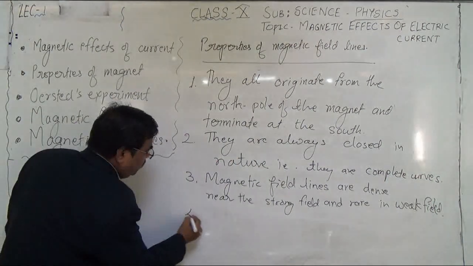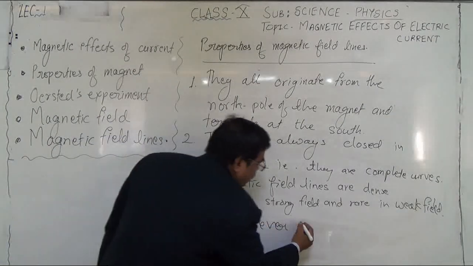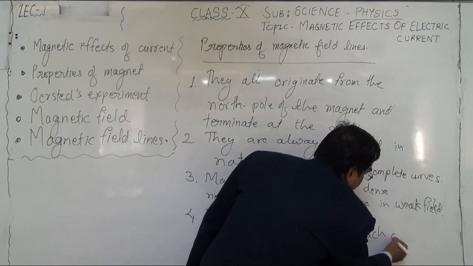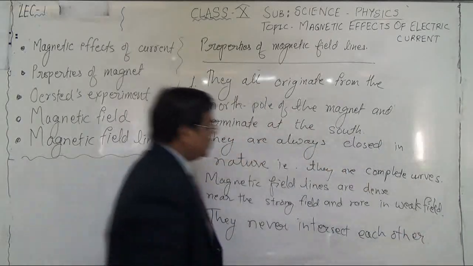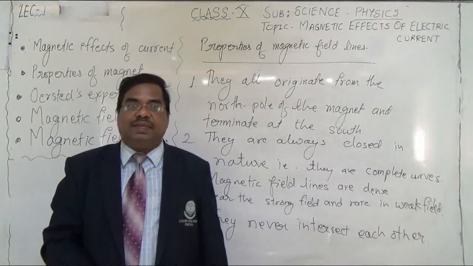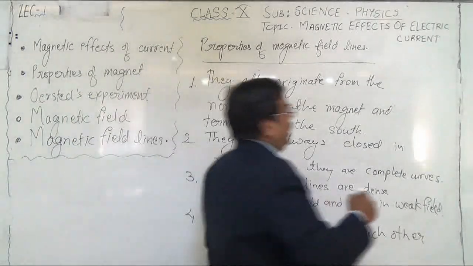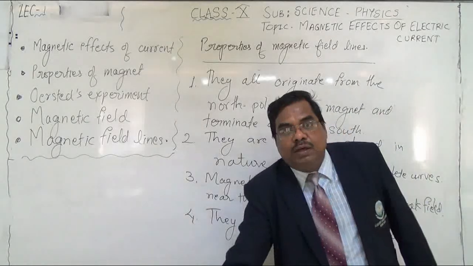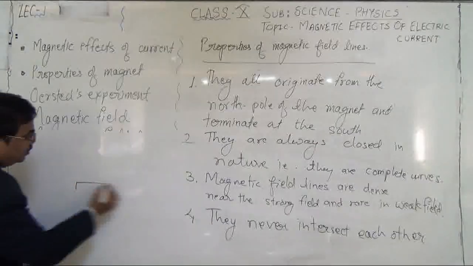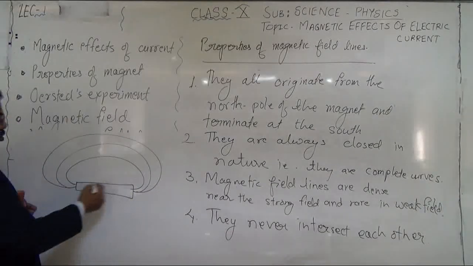Last, number four, they never intersect each other. So this is a very important property. You must have seen when I drew the diagram of the magnetic field lines of a bar magnet, they were nowhere intersecting.